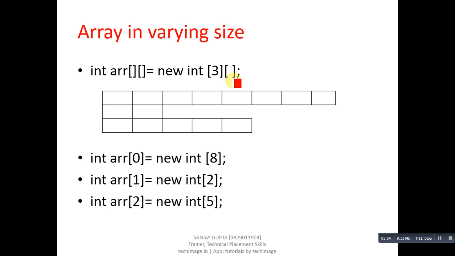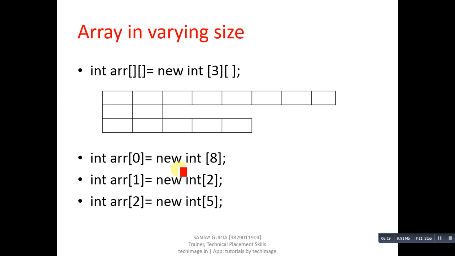Suppose I want to create a 2D array in which the first row contains 8 elements, the second row contains 2 elements, and the third row contains 5 elements. You can do this by following these statements. You can allocate memory to an individual index of the 2D array, like arr[0] equals new int[8].